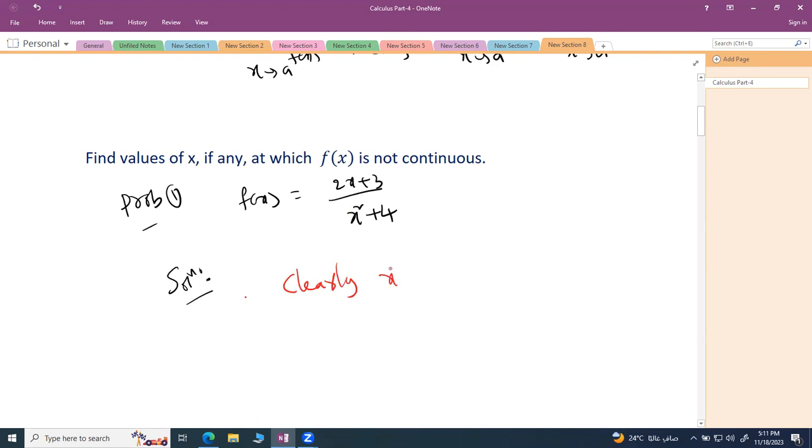Clearly, x square plus 4 is not equal to 0 for all x belongs to real numbers.